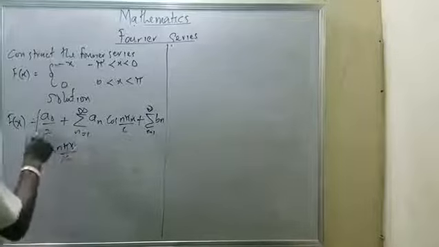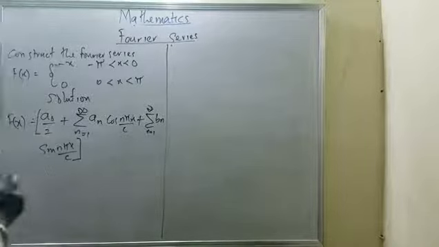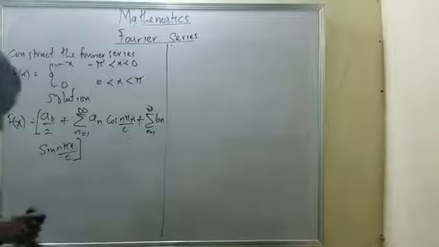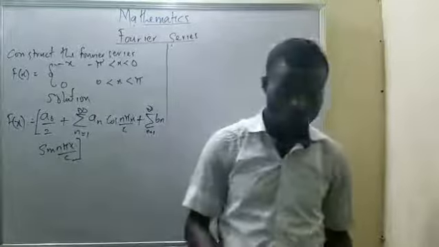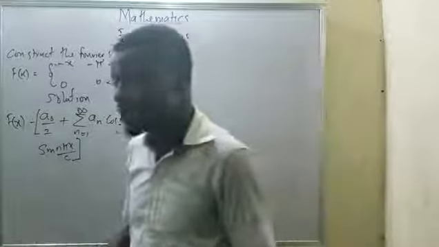Now that is what my Fourier series is saying. Since I have it this way, I will now go and find a naught, a of n, and b of n.